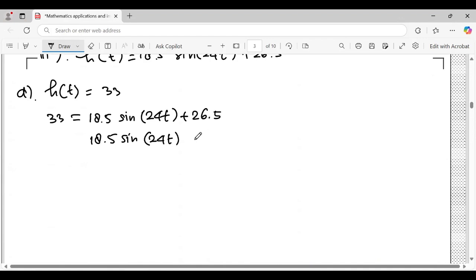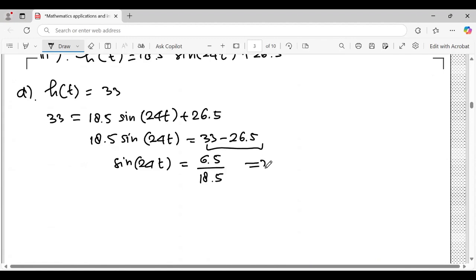So 18.5 sine 24t equals 33 minus 26.5, and sine 24t equals 6.5 over 18.5.